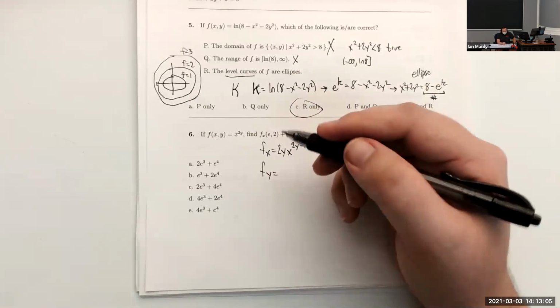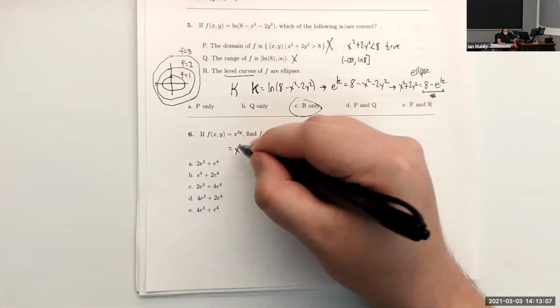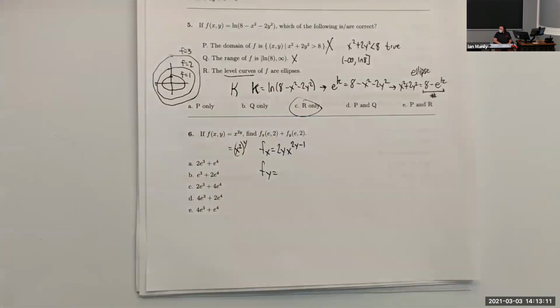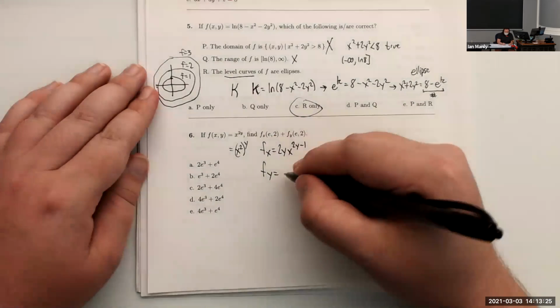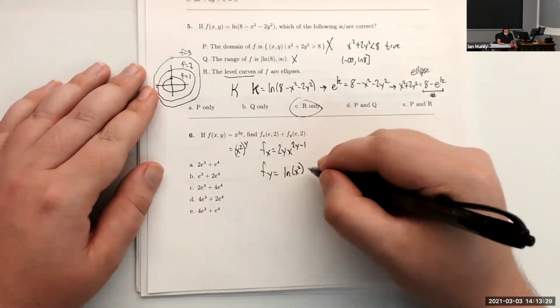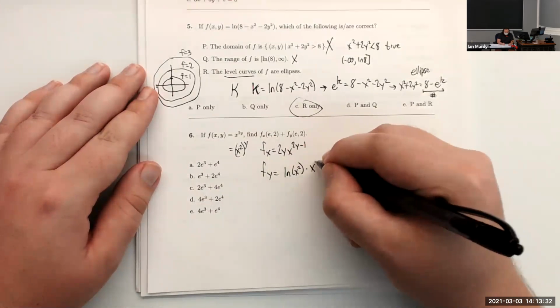All right, well, what's fy going to be? Well, here, it looks like we have x squared raised to the y power, right? And in this problem, x squared is a constant. So if we ever have a constant raised to a variable power, then the derivative of that is going to be log of whatever this is times your original thing.